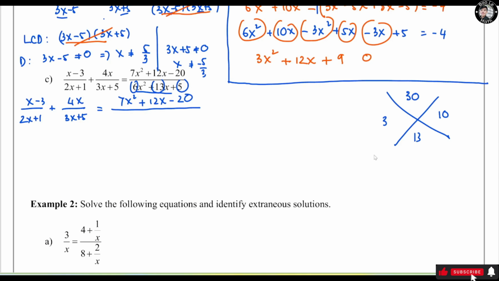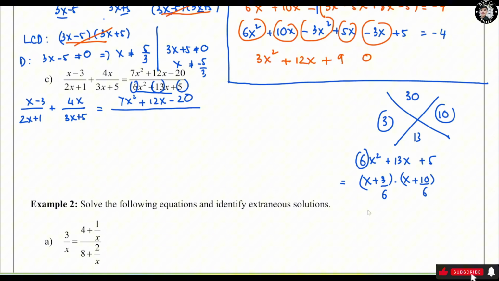So 6x squared plus 13x plus 5 can be factored as x plus 3 times x plus 10 here. Now you need to be careful. The coefficient here is 6, so you need to divide the constants by 6.